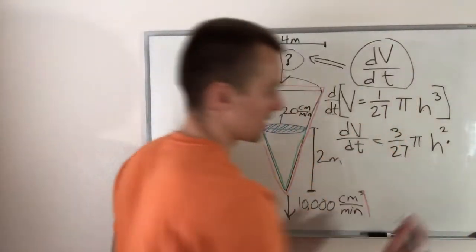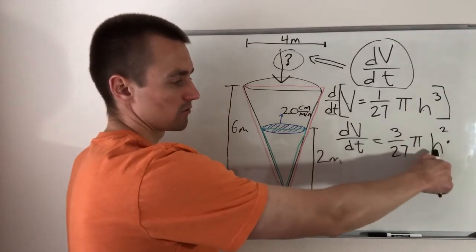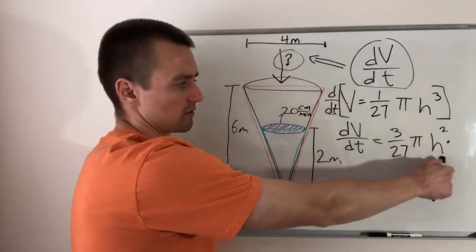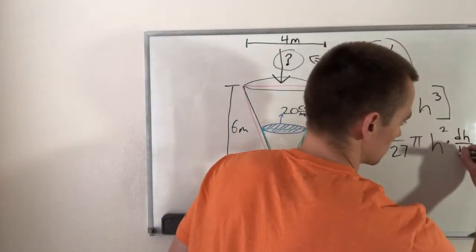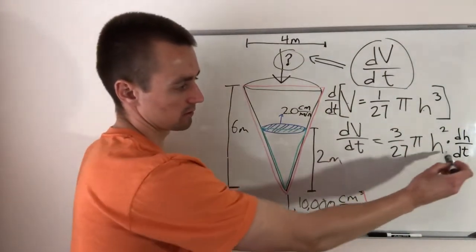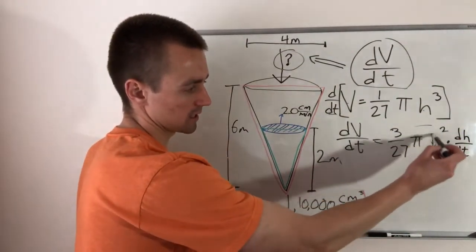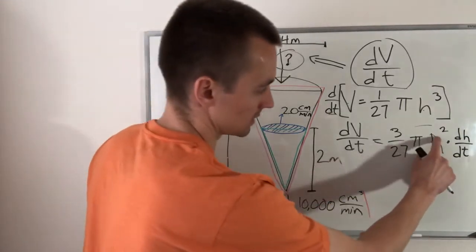Then we're going to multiply that by the derivative of the inside. So our inside is just h. The derivative of h with respect to time is just going to give us dh/dt. So that's it. This is the chain rule. We took the derivative of the outside, left our inside the same, and then multiplied by the derivative of the inside, which is the dh/dt.